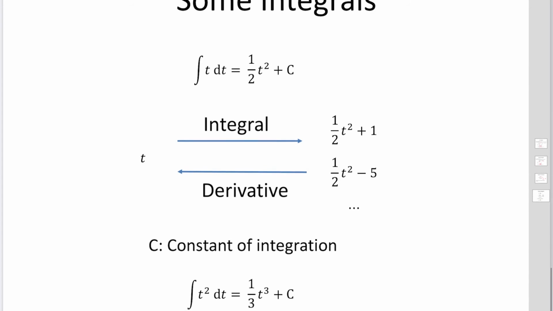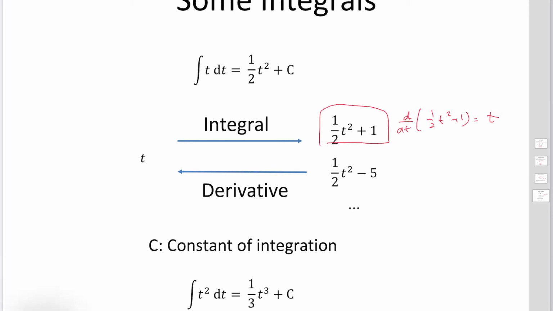Then I'd like to show you some examples of integrals. Consider 1/2 t squared plus 1 and find the derivative: d/dt of (1/2 t squared + 1) becomes t.